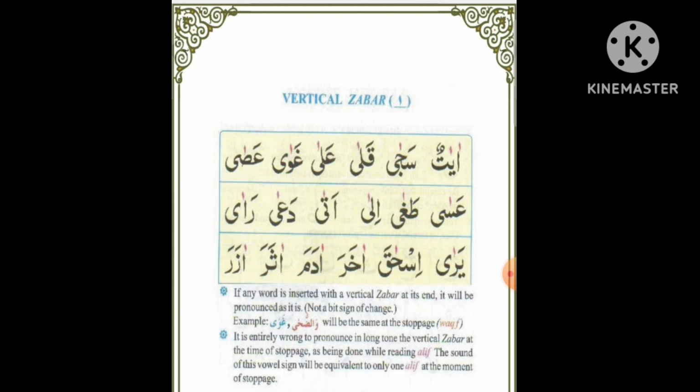Then you have sin zabar sa, jim vertical zabar ja, sa ja. The ya beside the jim is a silent ya. Then you have qaf zabar qa, lam vertical zabar la, qala, ala, ghawa, arso.